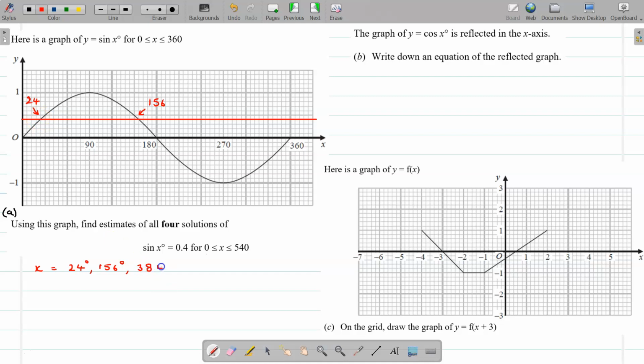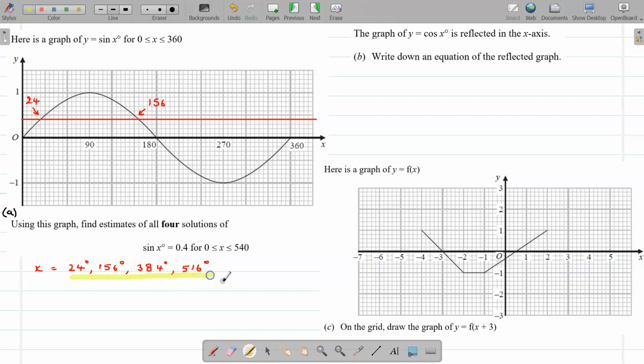And the final solution in the range given would be 360 plus 156, which is 516. And then after that there wouldn't be any for quite a few hundred. That would take us past the 540. In any case, we can see that we've now got the 4 solutions that it asked for.